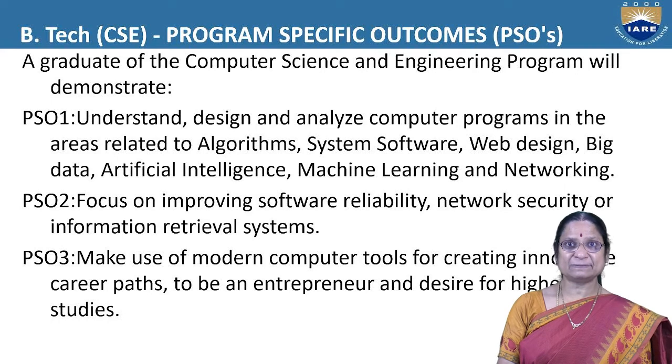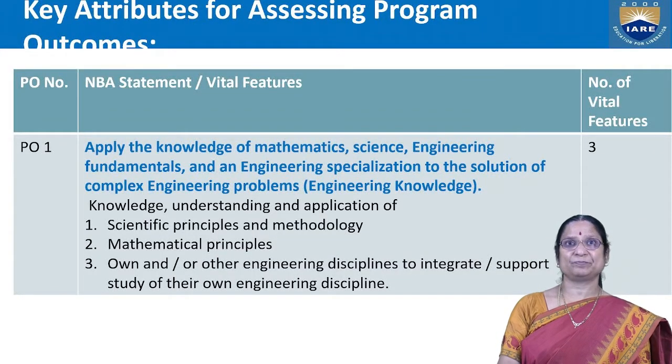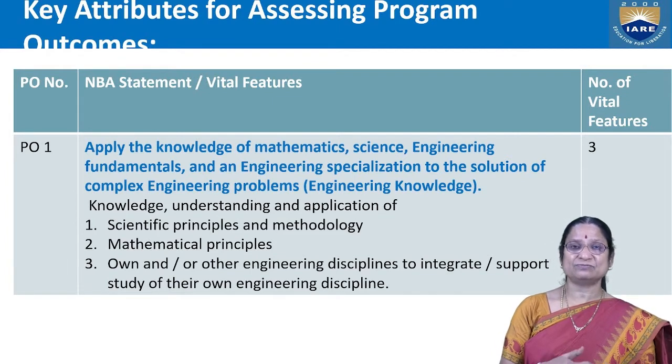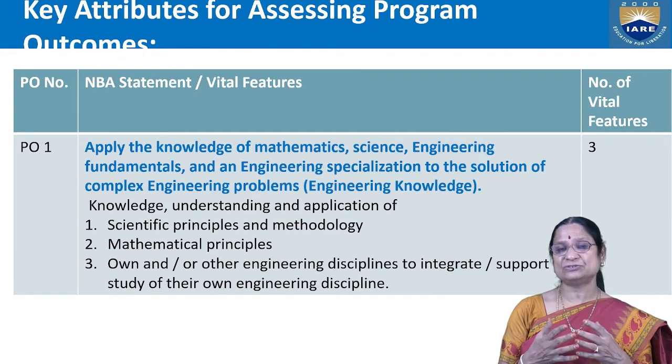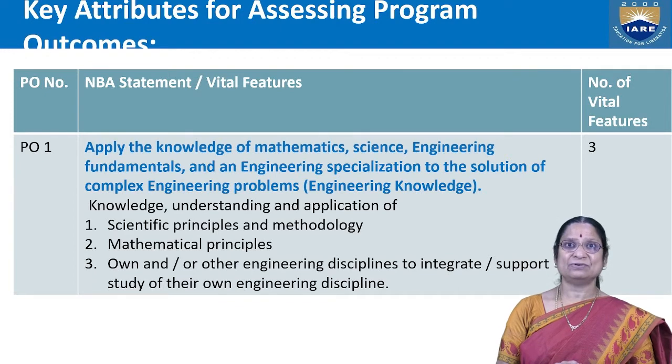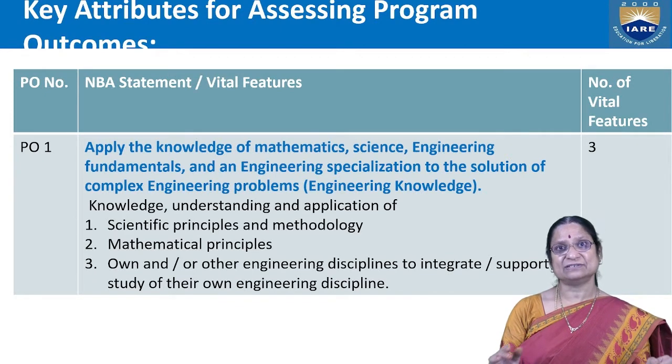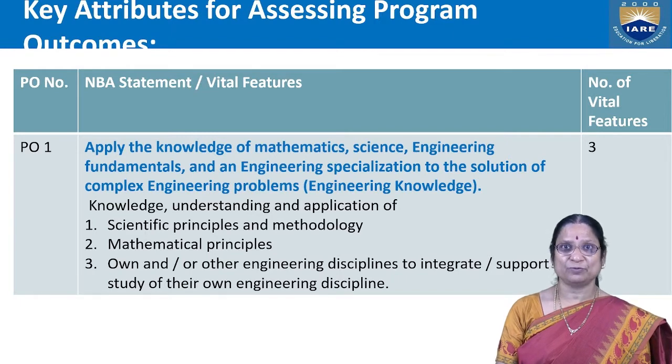And for this program, specific to BTech CSC, there are also 3 PSOs. So we will choose which of them are relevant to our respective course. And the mapping has to be done between POs and COs. While doing this mapping, first we are supposed to understand what the POs are and what the various important features are in each PO.